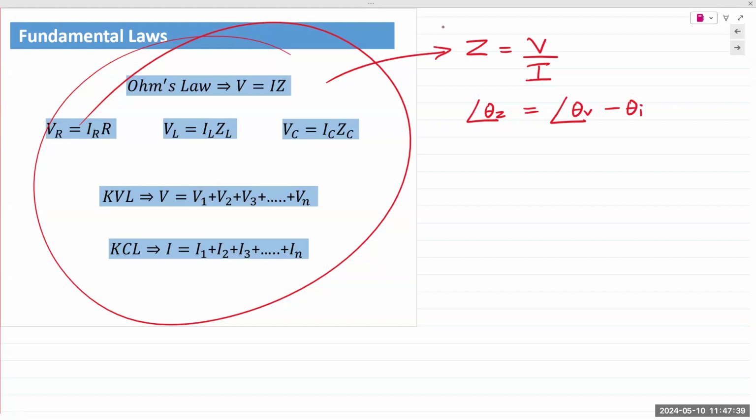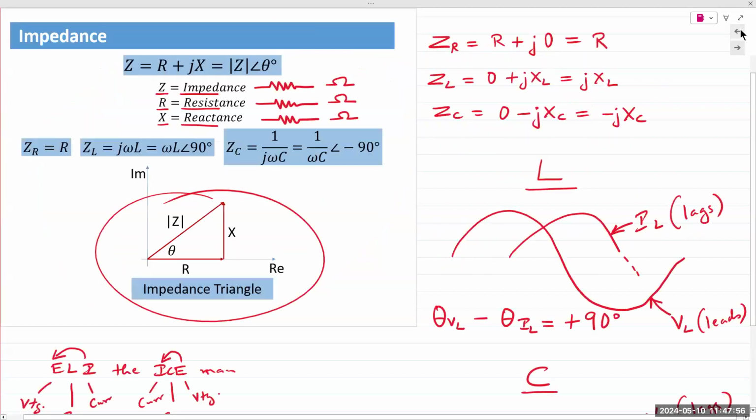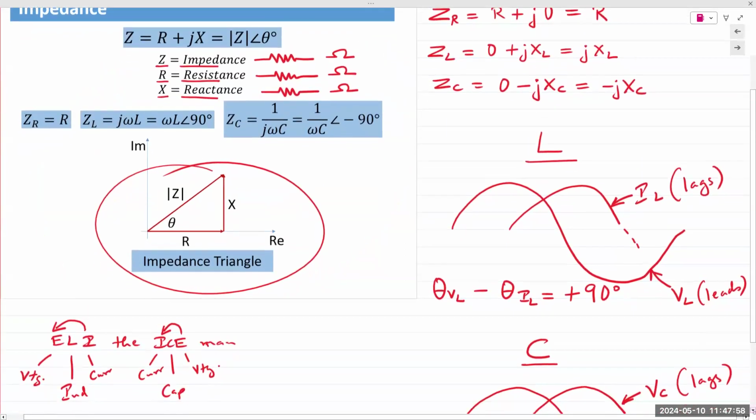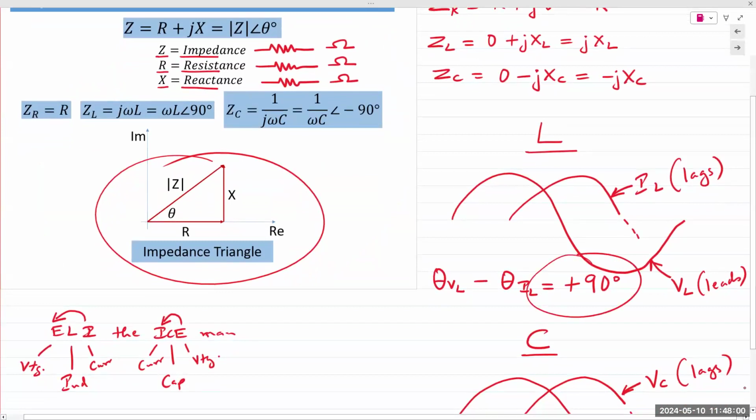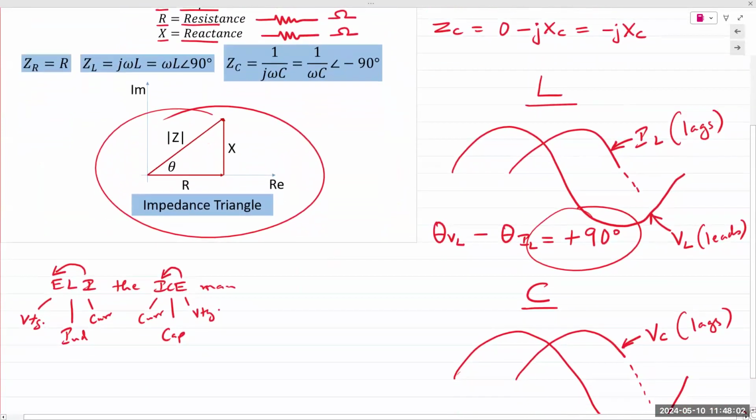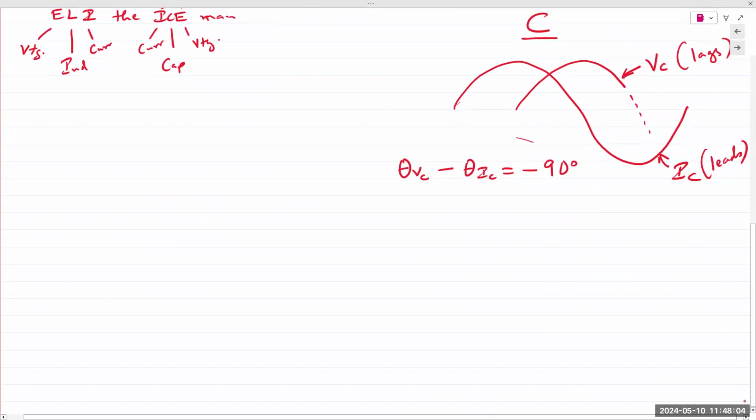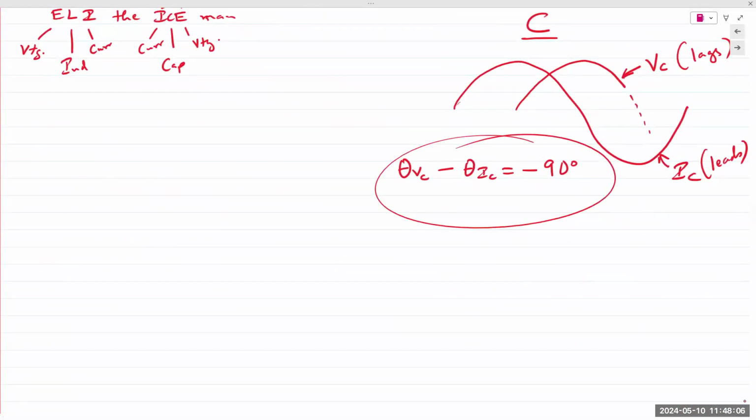Ohm's law is V equals IZ. So impedance is voltage divided by current. That doesn't change. It's voltage divided by current, which for complex numbers is the phase angle of the voltage minus the phase angle of the current, which if you apply here, comes out to be plus 90 for an inductor and minus 90 for a capacitor.